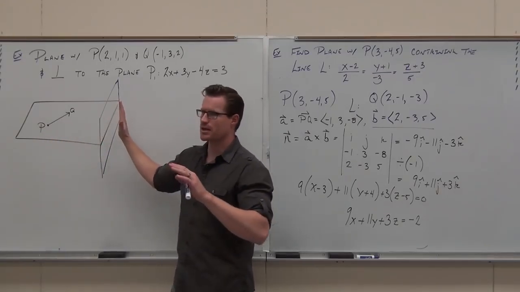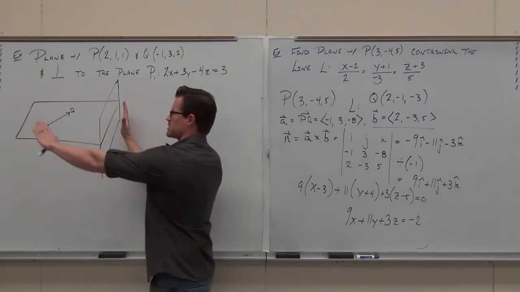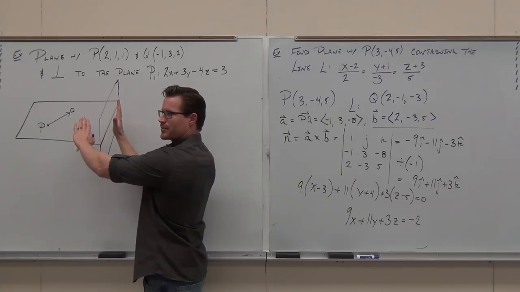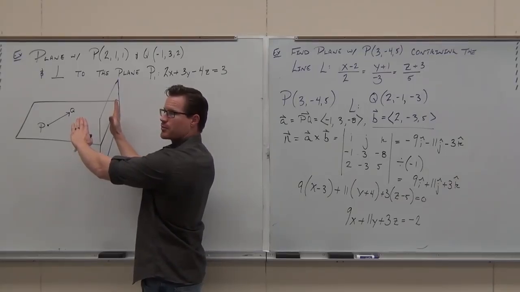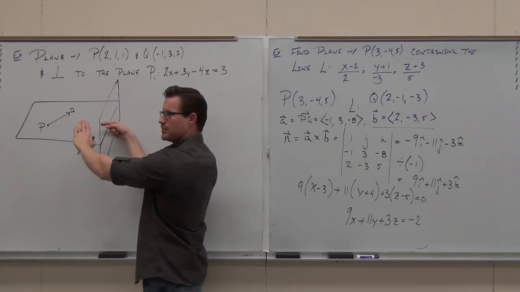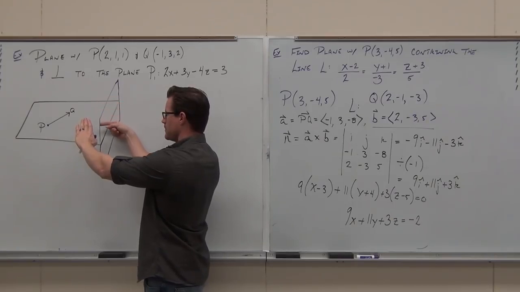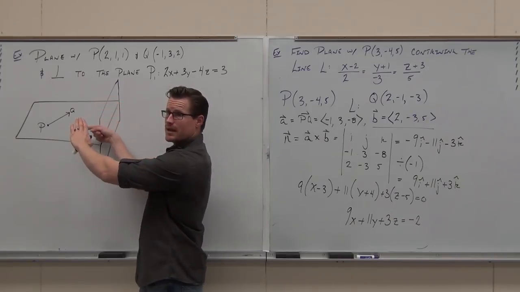If this plane is perpendicular to this plane, what's the normal of the purple plane got to do? Parallels. Which means you can fit it in that plane. Does that make sense?